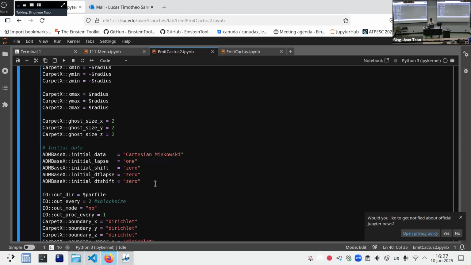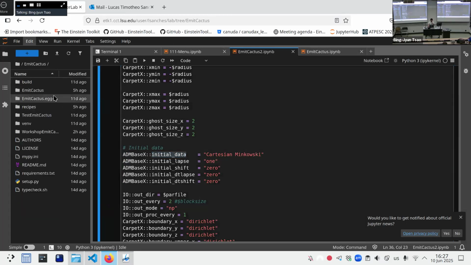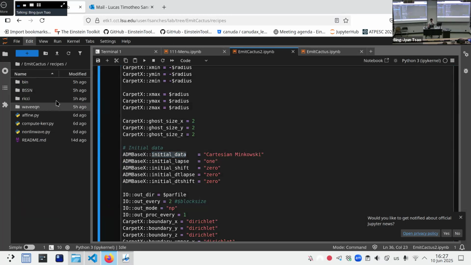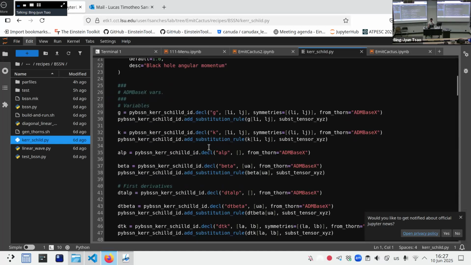Writing initial data using EmitCactus is not hard. You just have to write to the proper ADMBaseX variables at the proper schedule bin. Like I said, if you look here, for instance, we have an example of doing that for the Kerr-Schild metric, right?